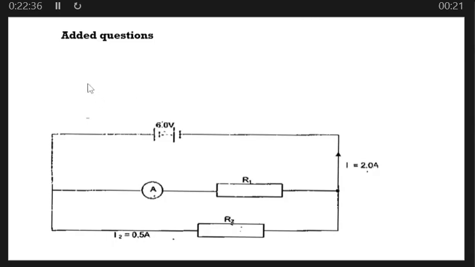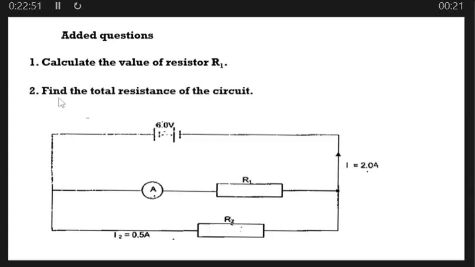So I added 2 questions. Question 1 says calculate the value of resistor R1. Then another one says find the total resistance of the circuit. So what will be the total resistance of this circuit?